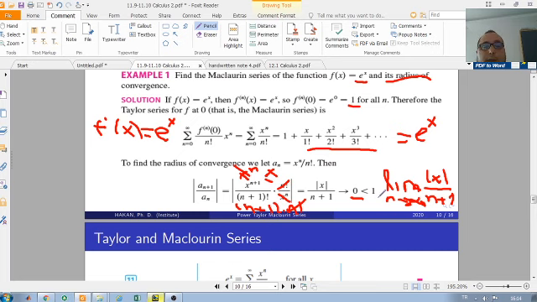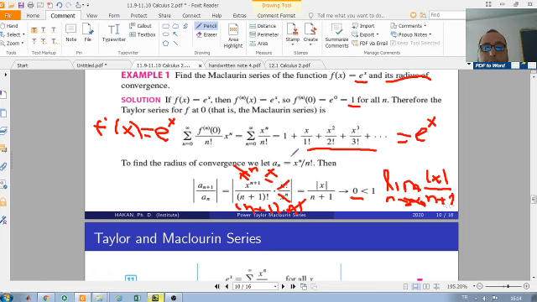And if you remember the ratio test, if the limit is less than 1, it is convergent. And you see, whenever we write any real number for x, we always have 0 for the limit of the ratio of the terms written here, and it is less than 1.